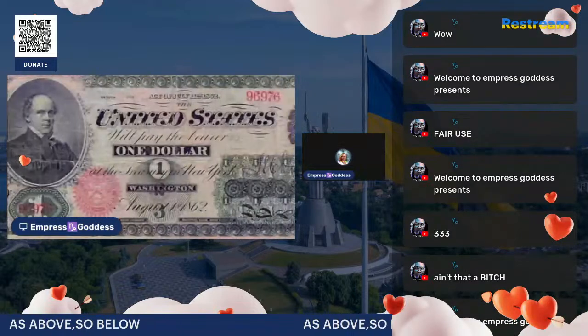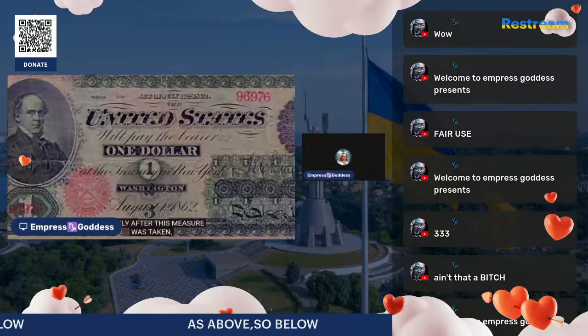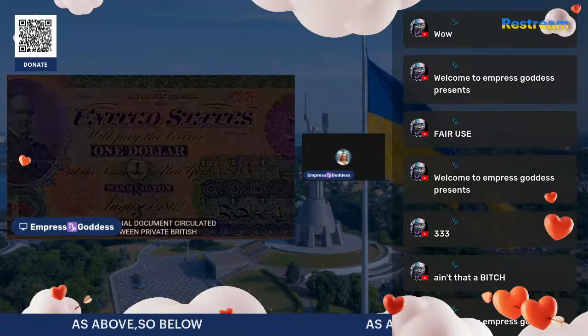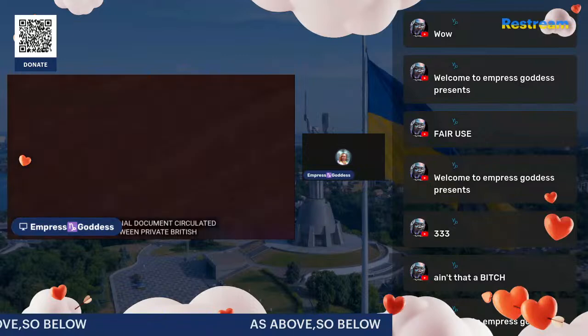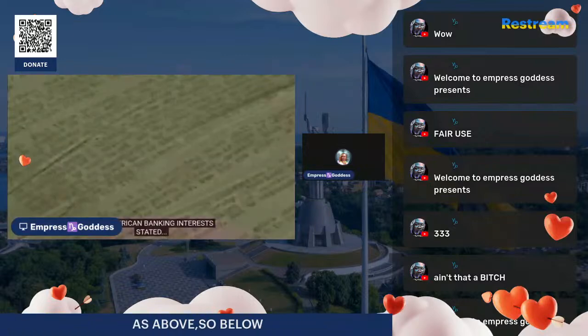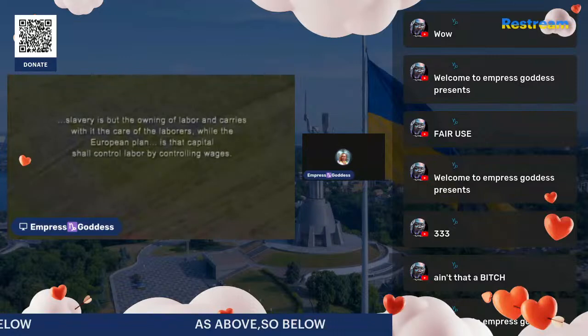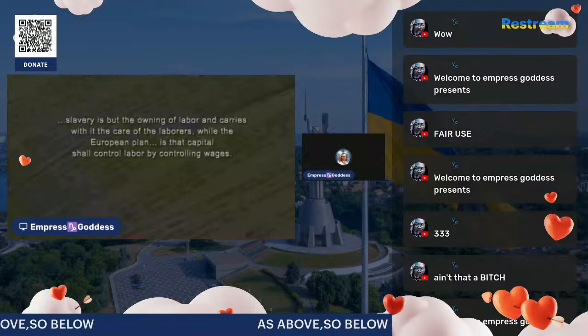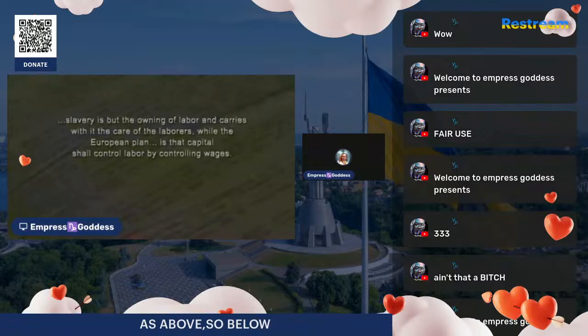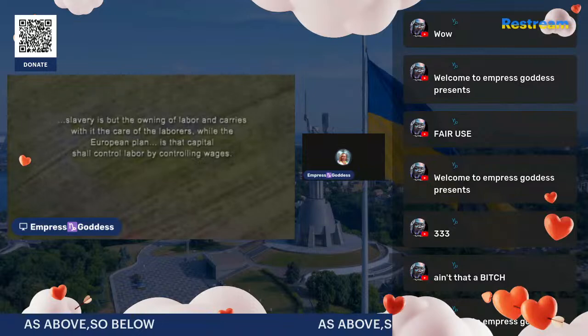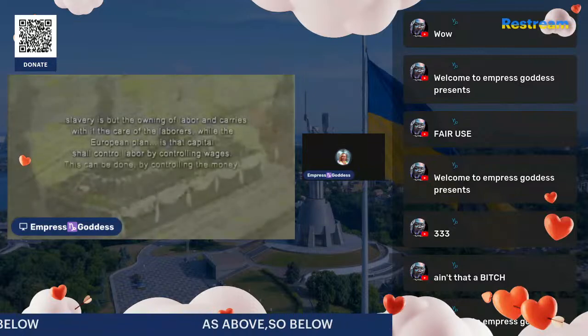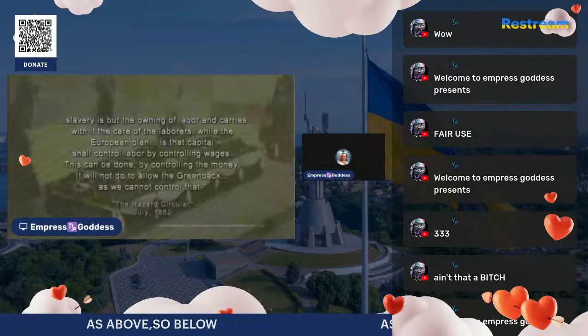Shortly after this measure was taken, an internal document circulated between private British and American interests stated, "Slavery is but the owning of labor and carries with it the care of laborers, while the European plan is that capital shall control labor by controlling wages. This can be done by controlling the money. We must not allow the greenback, as we cannot control that."